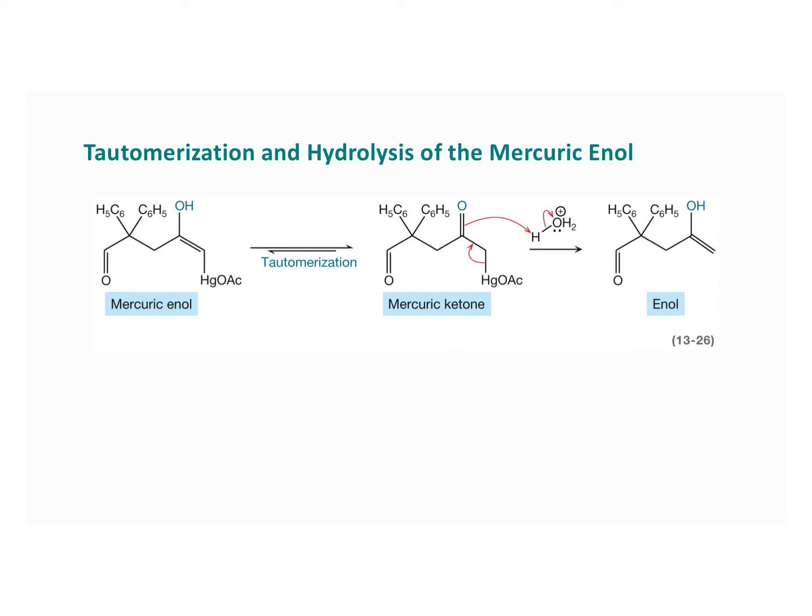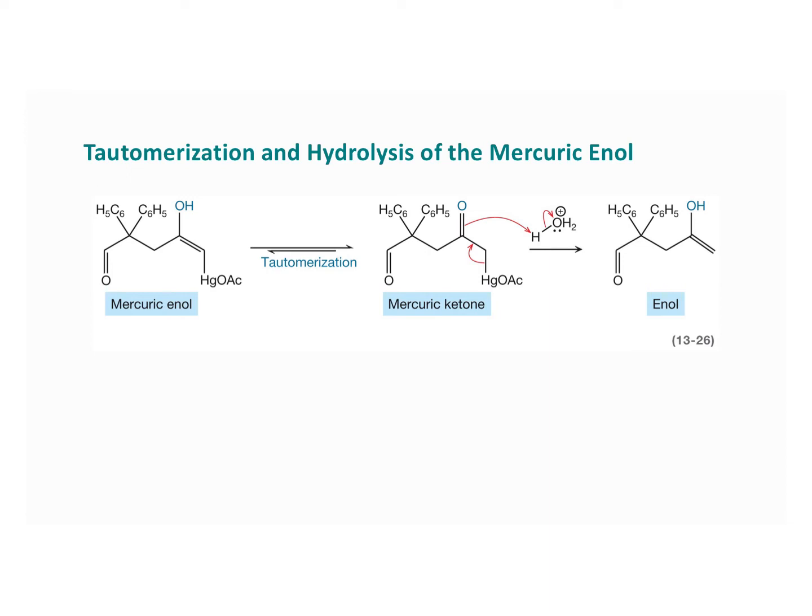Okay, so this is really where we see the enol to keto tautomerization, and then water just hydrolyzes it to produce the enol shown here, which of course was shown on the previous page. So we end up really with two keto-enol tautomerizations. The first one is a mercuric enol to ketone, and then we get the other enol to ketone there.